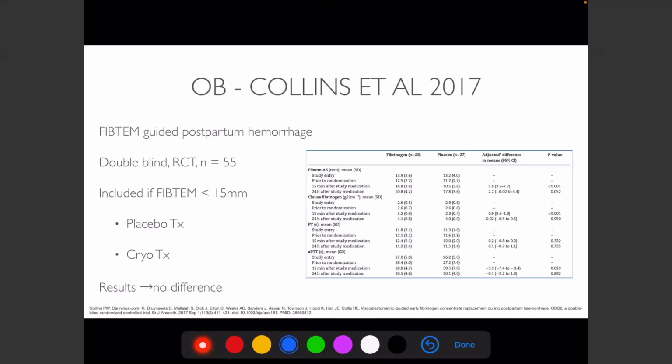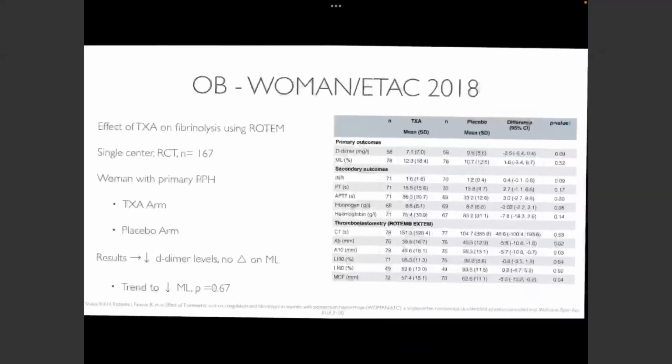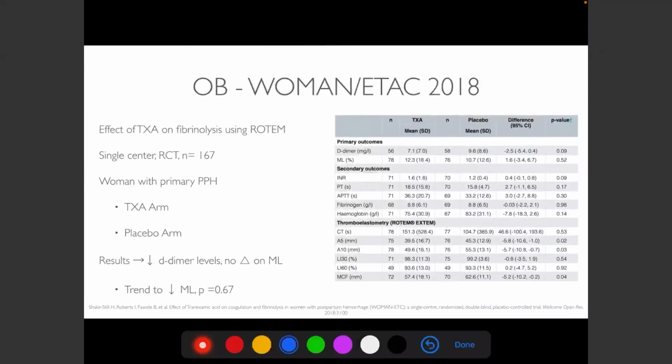The other RCT is the next one. This one was the WOMAN trial, which was a very big trial that you might have heard of if you did any OB or if you're emergency trained. It was a subset of the WOMAN trial that was a single center RCT, and it basically just checked the effects of TXA on fibrinolysis using Rotem. So again, not the question that we're trying to ask, but it's the only other real RCT there was.